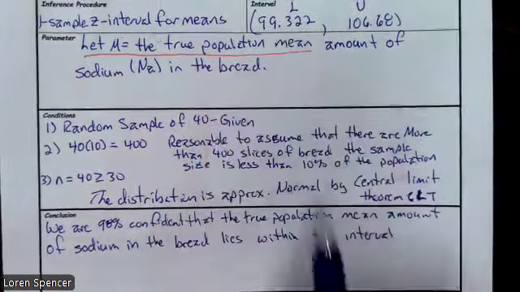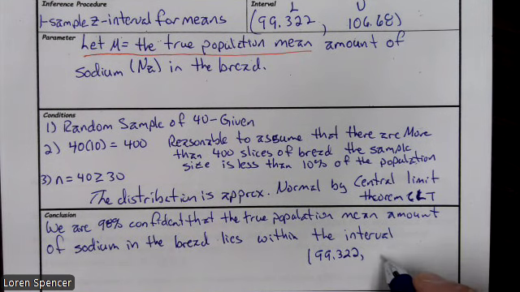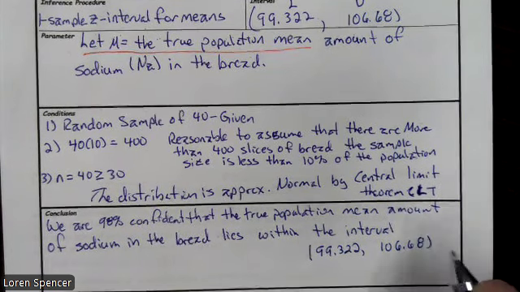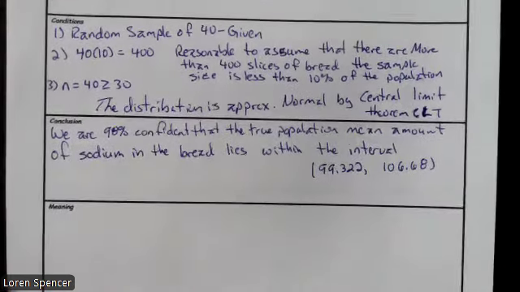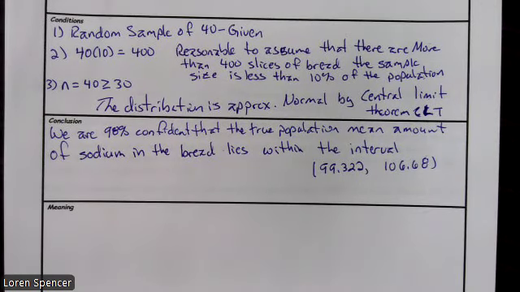And then we just need to list our interval. In this case, our interval is 99.322, comma, 106.68.